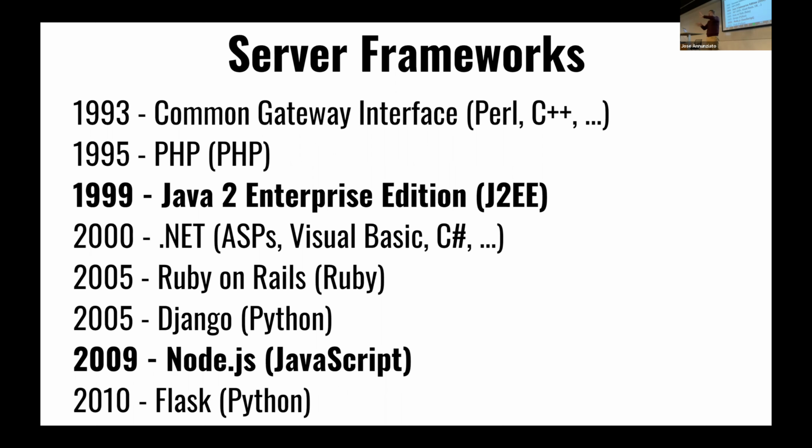It is a way of breaking up your code on the server side to generate dynamic HTML. They all do the same thing. Different languages, different strategies, but in general, that's all they do. Even Node.js, in late 2009.